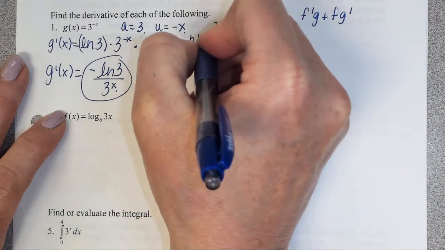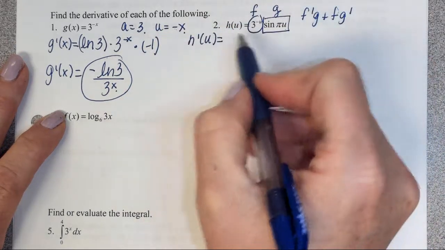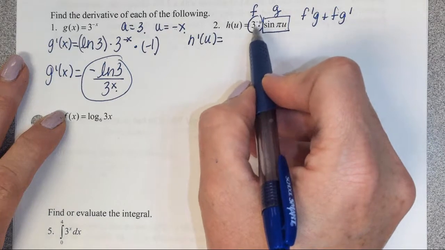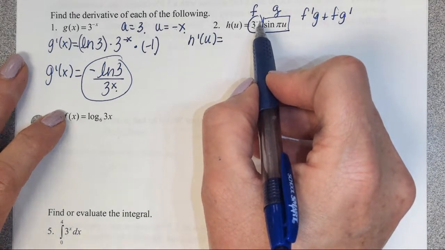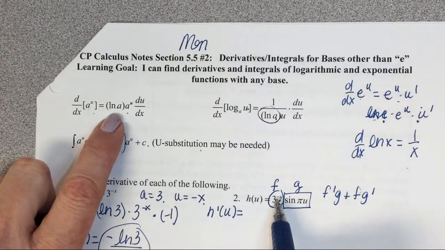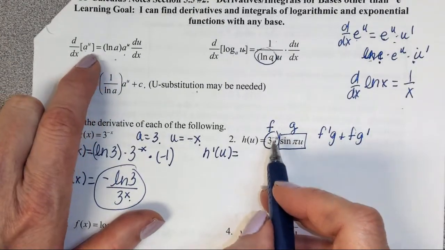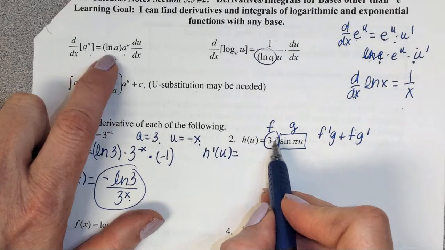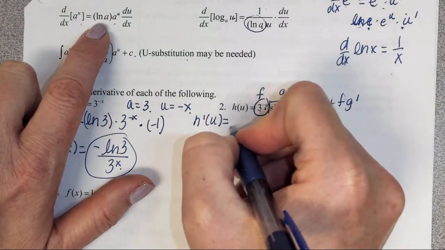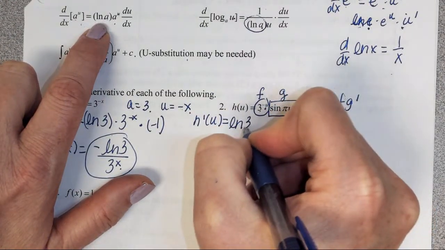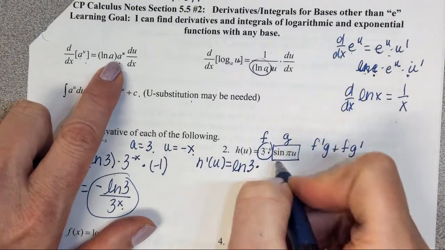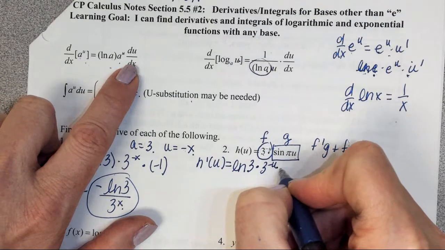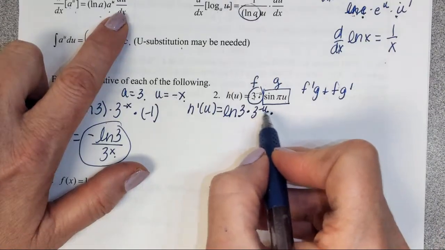So to find h prime of u, the derivative of f, well, this is an exponential function. So I have to use this formula right here. So it's going to be, look at what a is. A is 3, u is negative u. So I'm going to have to do the natural log of my base, 3, times a to the u, which is 3 to the negative u, times what's the derivative of negative u?